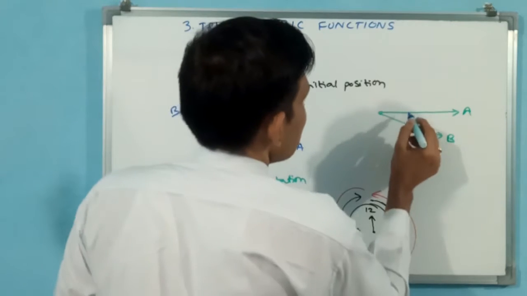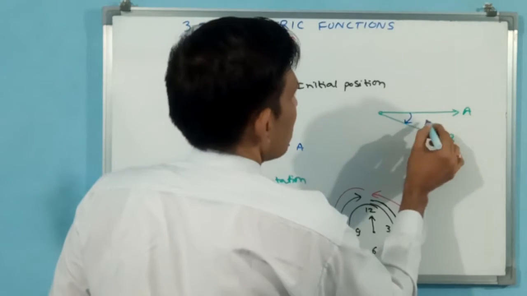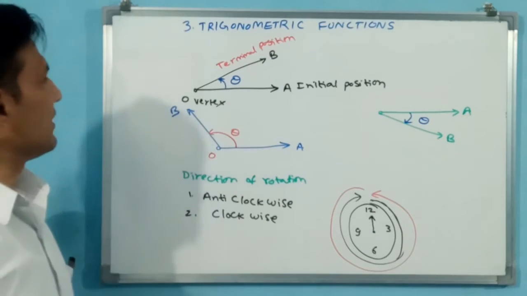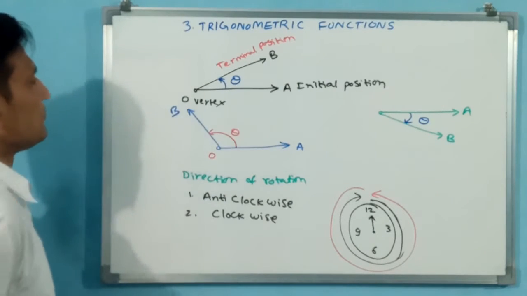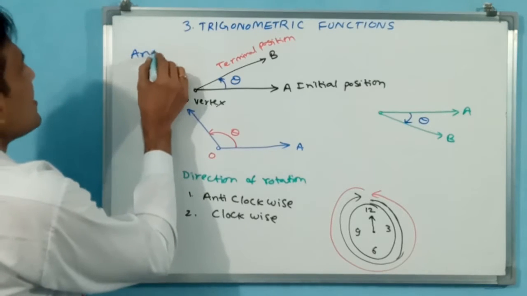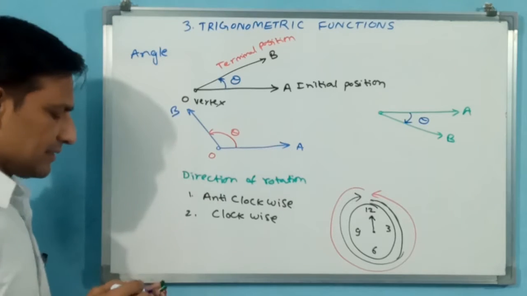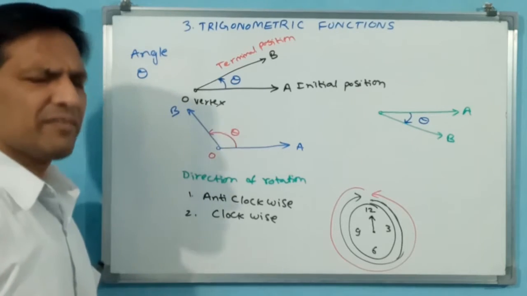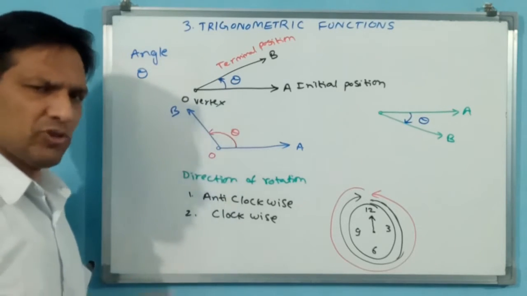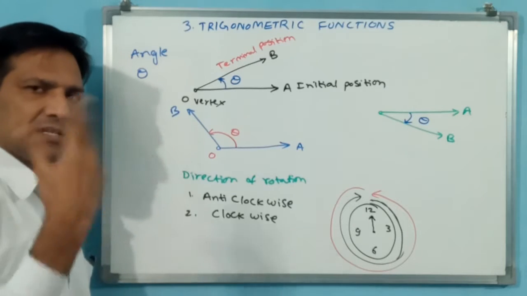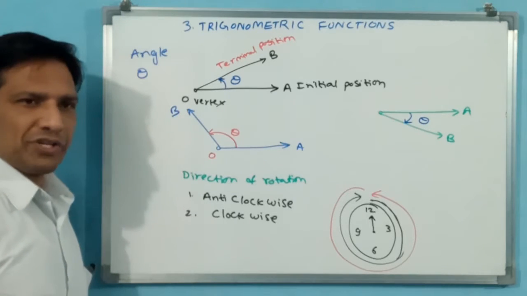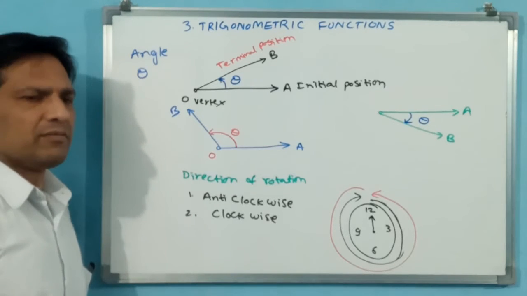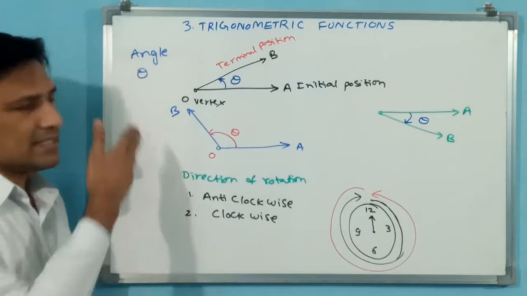Now the direction is in this way. Okay, angle I am talking about, angle. Angle is represented by theta, or even alpha, omega also. If more angles come, then we go for more notations. But the standard notation is theta. Phi also will be there. Those notations we will see afterwards. Let us see theta first.